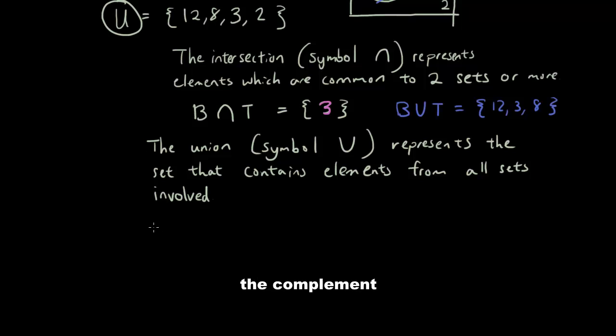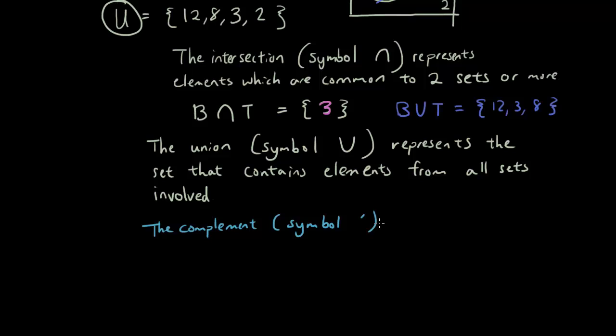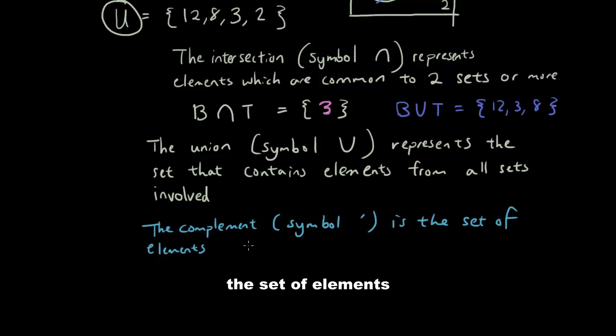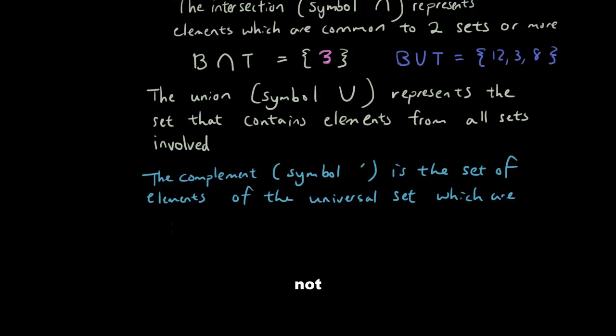So the complement, and the symbol for that is just a dash, or I should say apostrophe, is the set of elements of the universal set which are not part of this set.